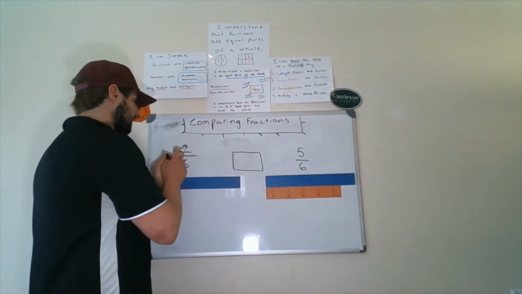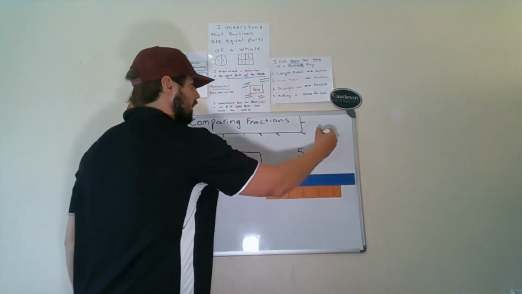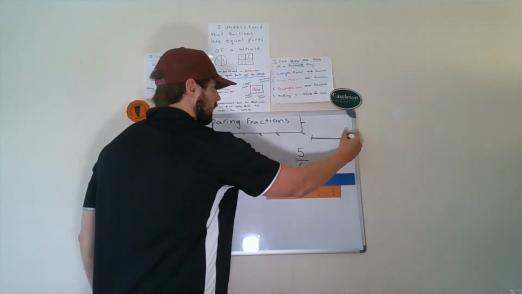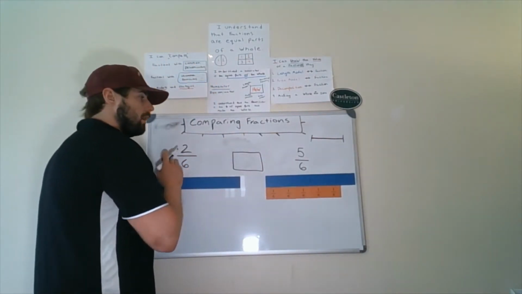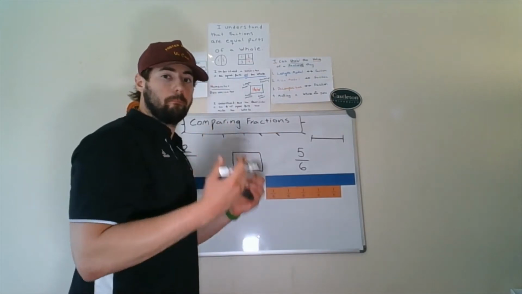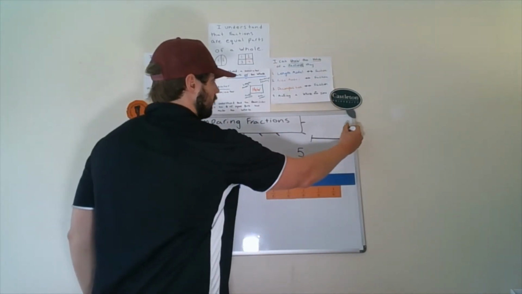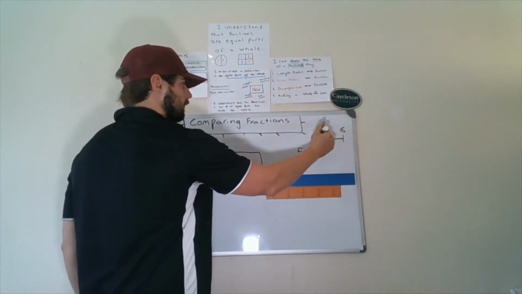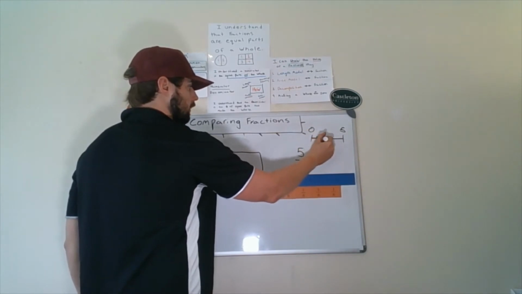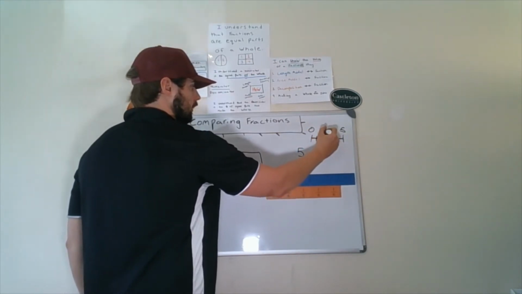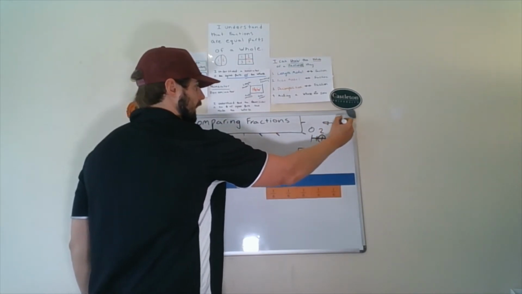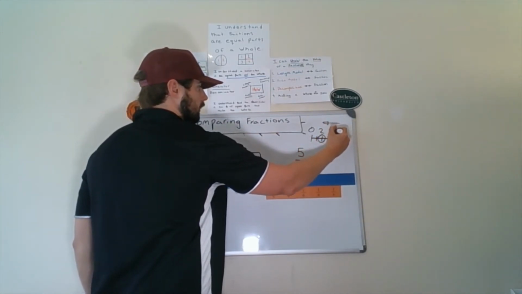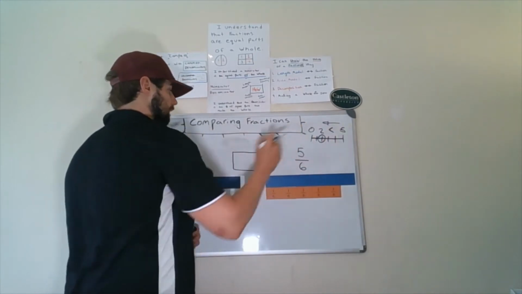Well, we're comparing 2/6 to 5/6. We know that 5 is a greater number than 2. That means it has more parts. 5, 1, 2, 3, 4. 2 on that number line. 2 is less than 5.